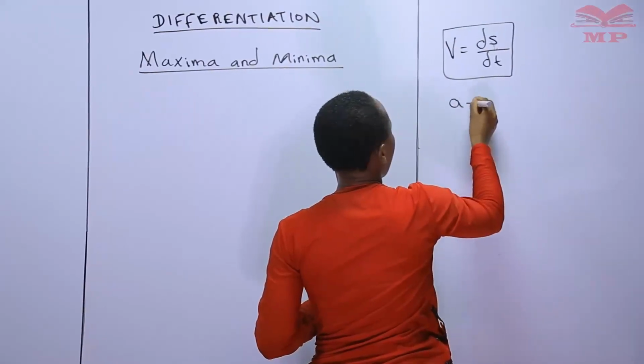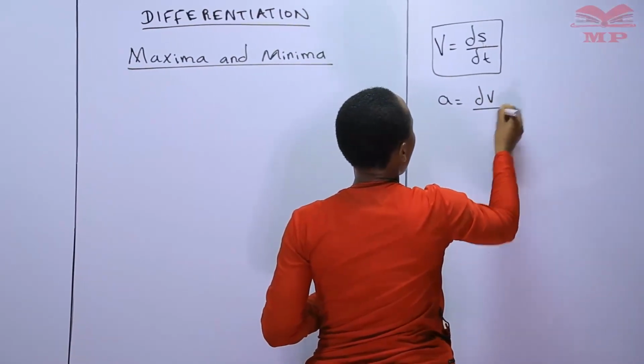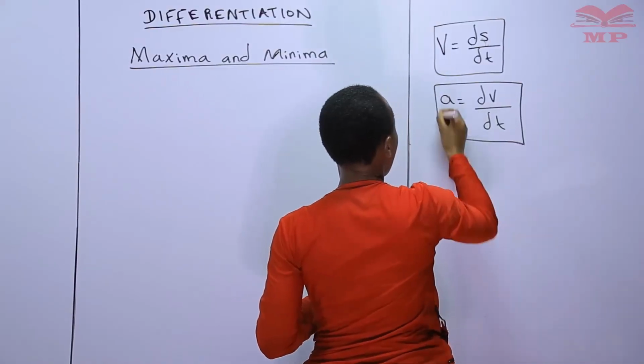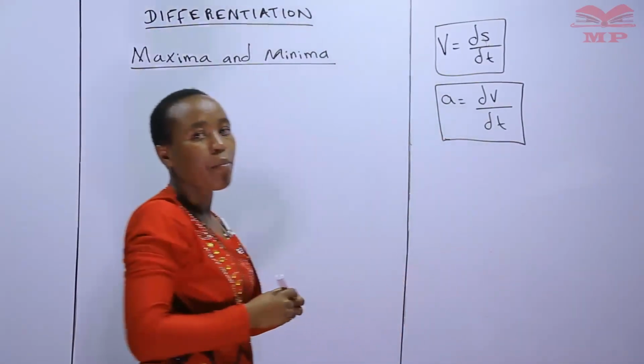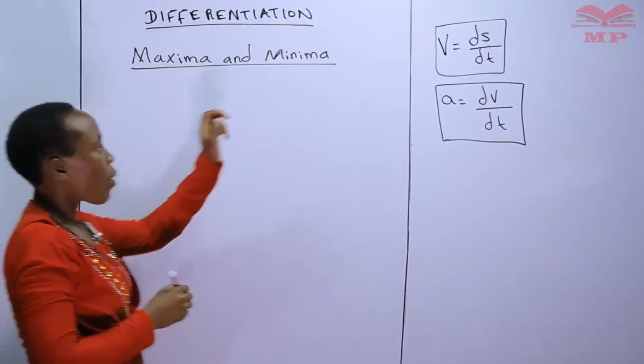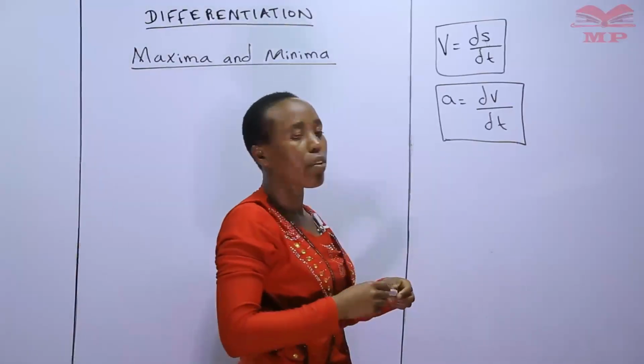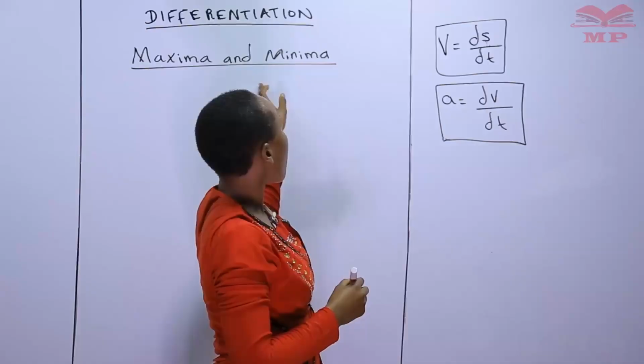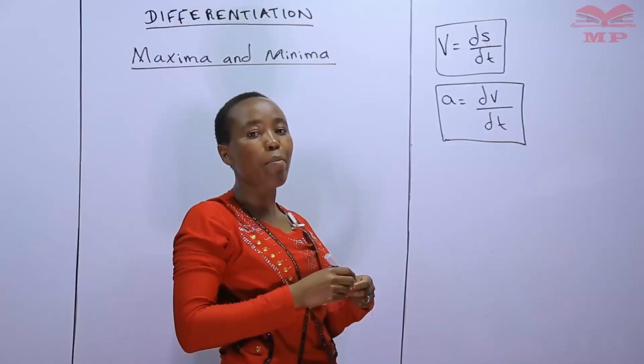Then we said acceleration is dv over dt, where v is the velocity and t the time. And I remember there's something that we said that we are going to apply in maxima and minima.